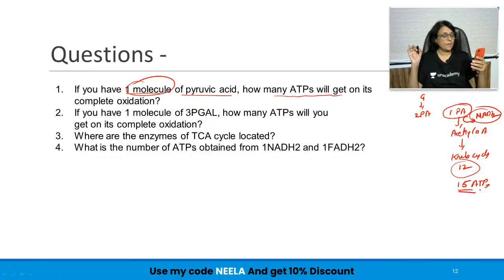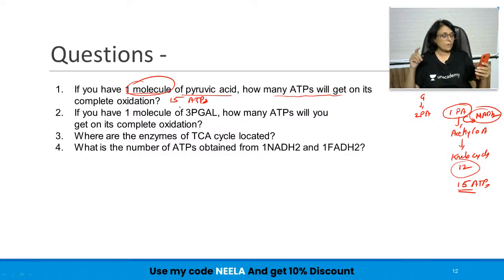How many ATPs will you get if you start from pyruvic acid, which goes through complete oxidation? So your answer of 12 ATP is not right. Did you understand it? That is why our answer for this is 15 ATPs.